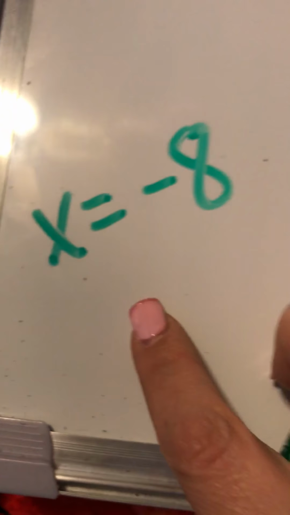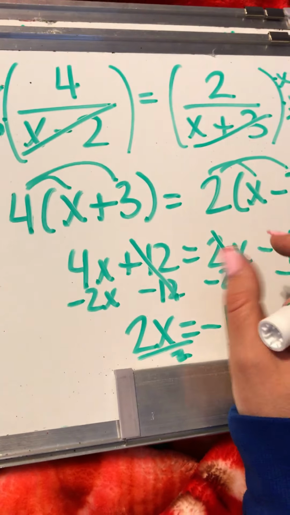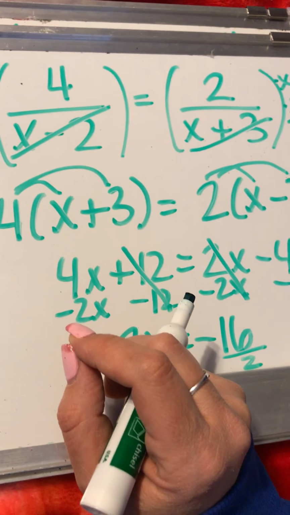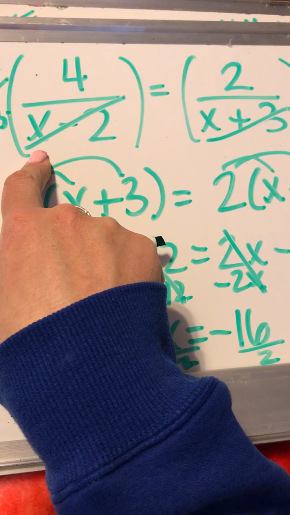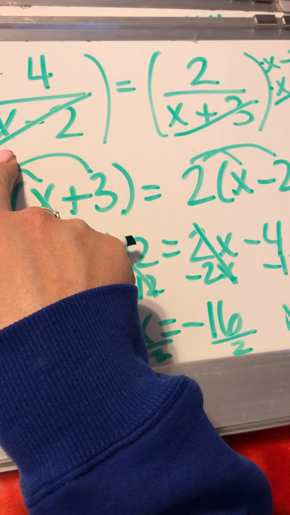I'm going to write this over here. x equals negative 8. Let's keep that in mind, but now we need to check for our excluded values. If we look back at our original equation here, what is it that would make the denominator 0? On this side, if x was 2, the denominator would be 0.